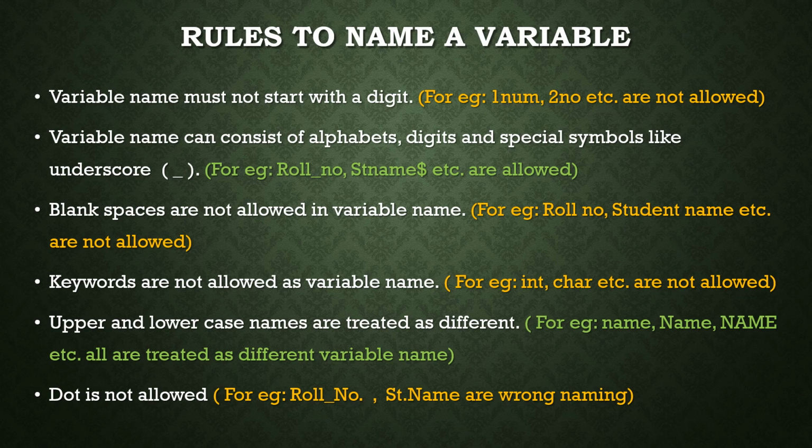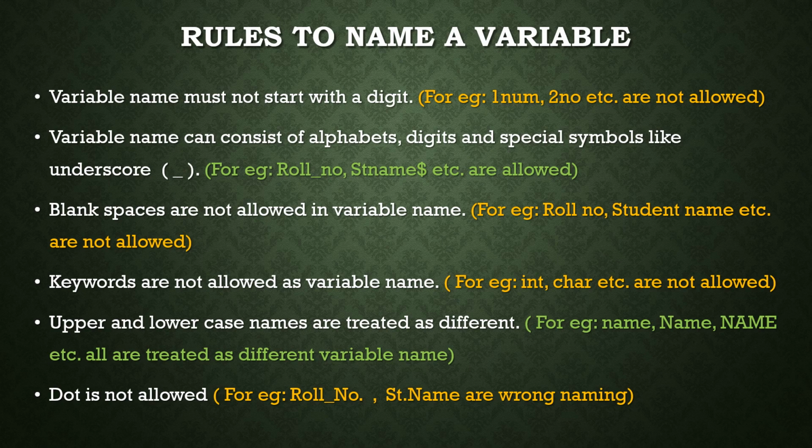Rule 2. A variable name can consist of alphabets, digits, and special symbols like underscore or dollar. For example, roll_no, stname$. These are allowed for naming a variable. Rule 3. Blank spaces are not allowed in a variable name.